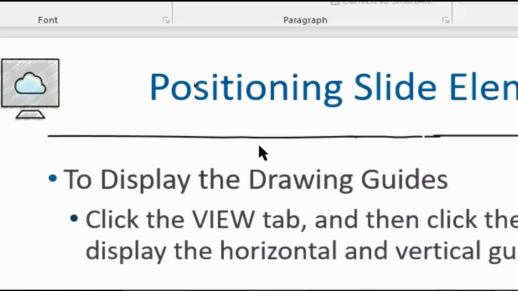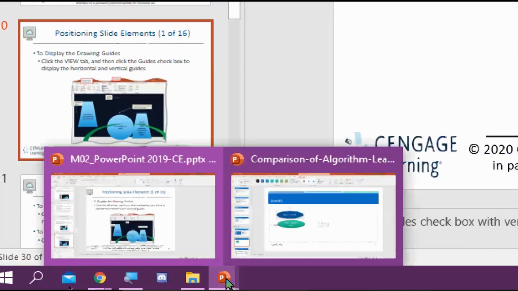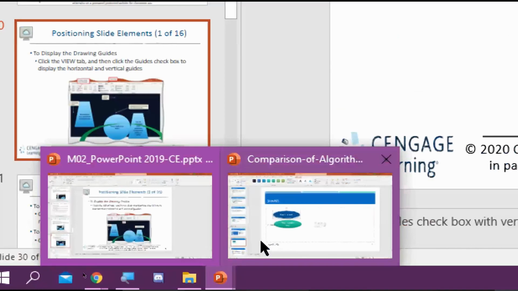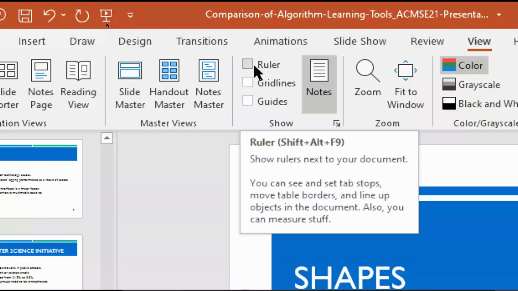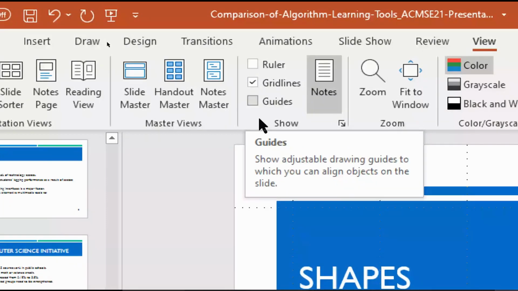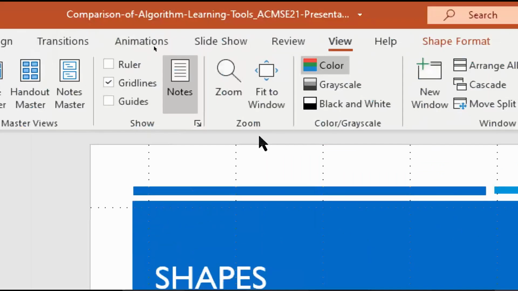Displaying the drawing guides. I want to go to the View tab. This is like rulers. In fact, rulers are also here. So we have grid lines. This is one option that we have. These very faint dotted lines that we can use as markers to help us place things.